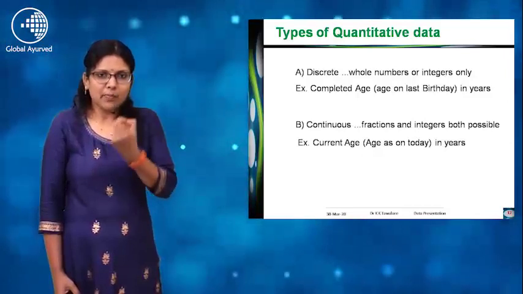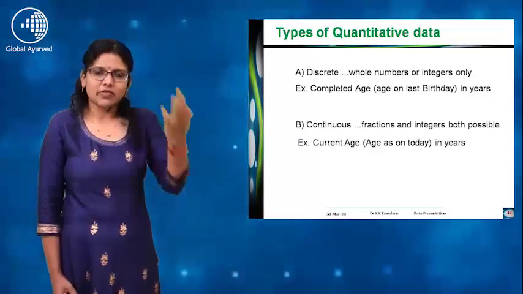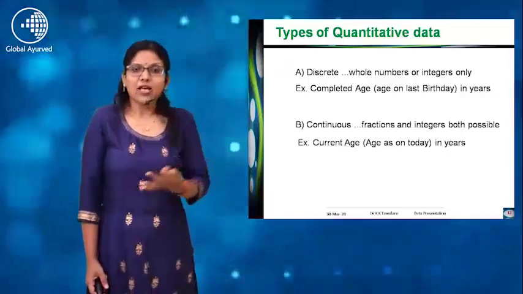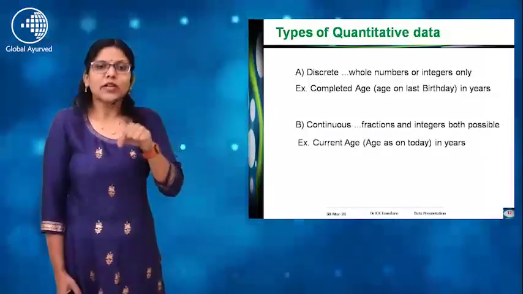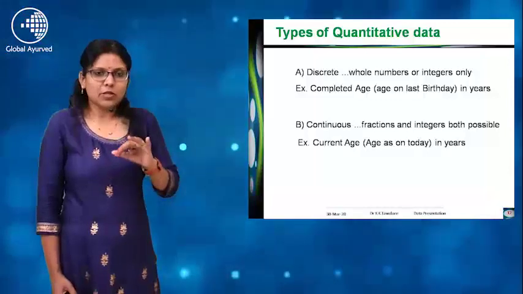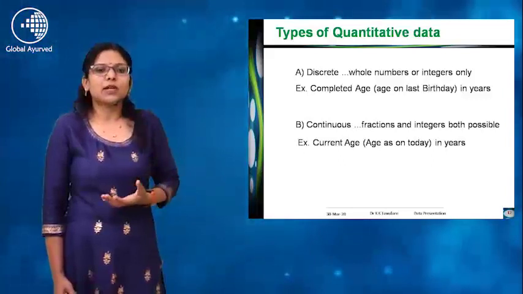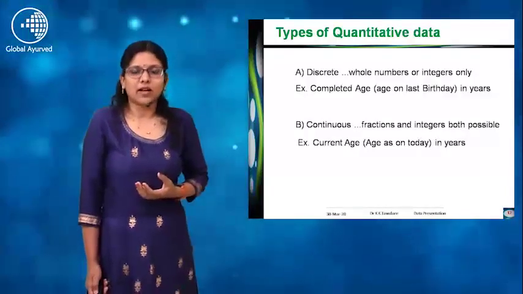That must be in a complete figure, 16 years, maybe 20 years. Such data is called discrete data. But when we ask what is your age today, there may be a possibility of getting 16 years, 6 months. Such data is called continuous data.